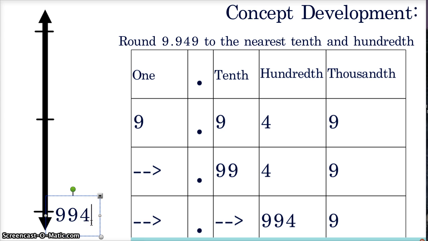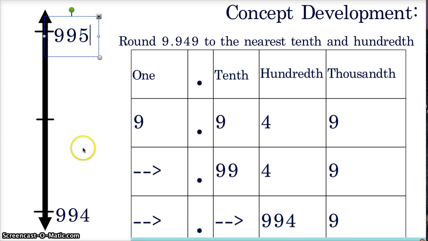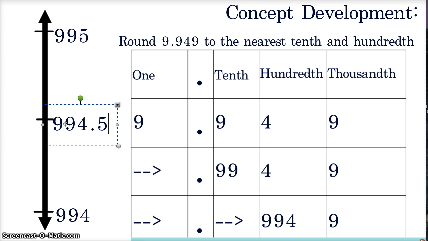What is one more than 994? It should be 995. So then find the midpoint, which would be 994.5, and now I'm going to be looking at my original number, 994.9. 994.5 is my midpoint, so where would 994.9 lie?